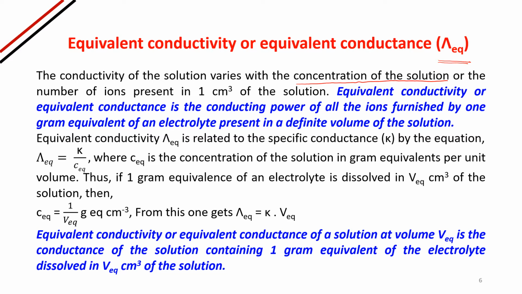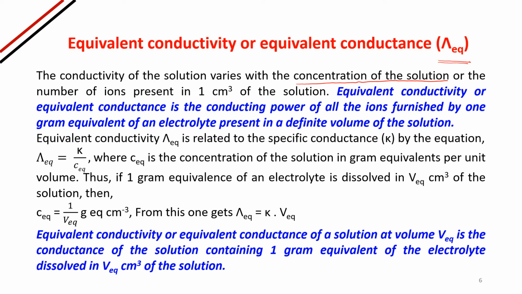The number of ions present in 1 centimeter cube of the solution is known as the concentration of the solution. So if the number of ions present in 1 centimeter cube is different, its concentration is also different. Naturally, its conductivity will also change.